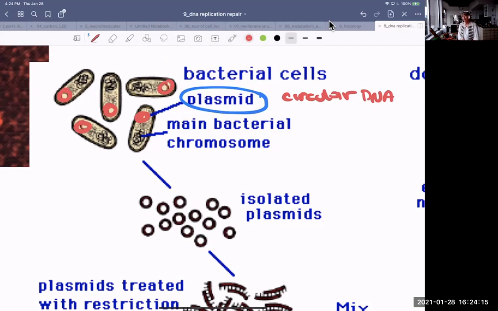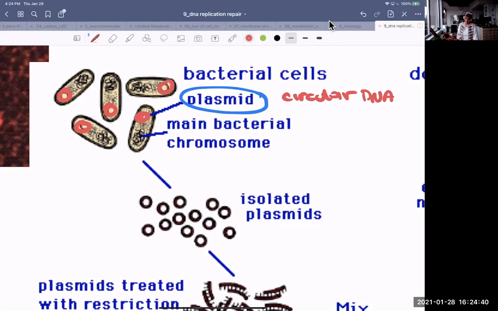So the main function of the plasmids is usually to code for antibiotics, like antimicrobial resistance to microbes, such as viruses. So viruses are always trying to infect bacteria.